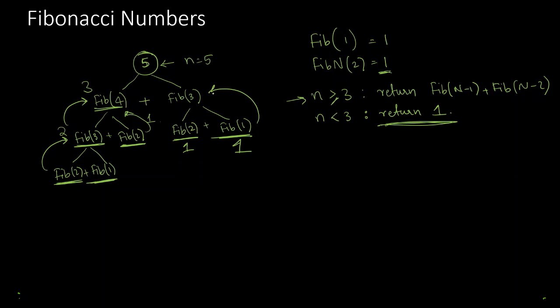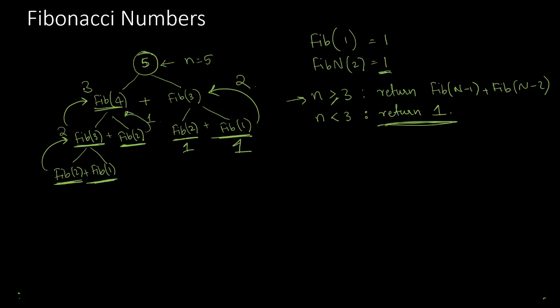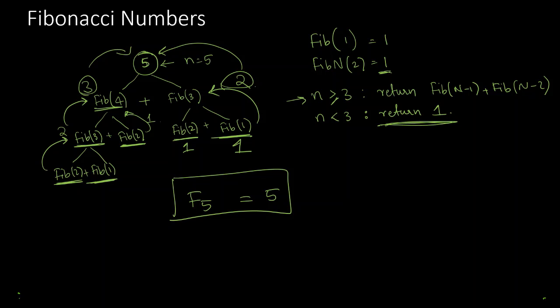So the value 2 gets returned to this, and now 3 plus 2 is nothing but 5, guys. So the fifth Fibonacci number is nothing but 5. So this is how you do it. And now to the code.